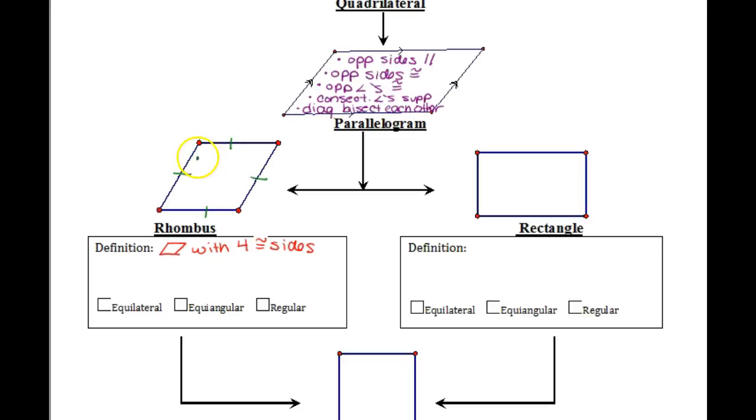We also learned about the rhombus that the diagonals are perpendicular, and the diagonals bisect opposite angles. The vocabulary word that is most appropriate for rhombus would be equilateral.